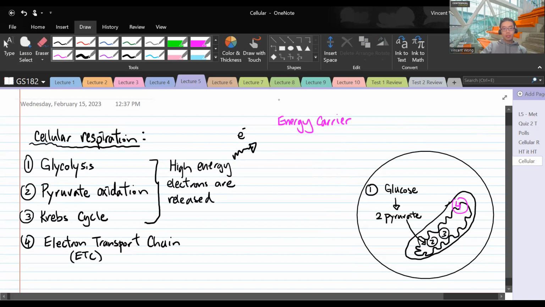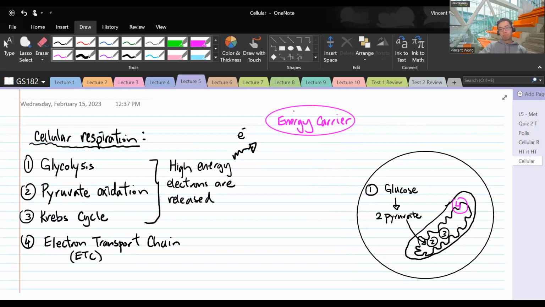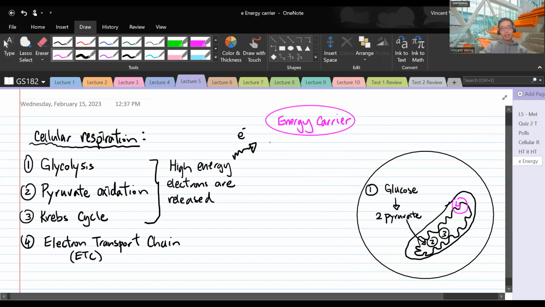Electron carriers. We talked about two of them. Anybody know what they are? No? Okay, well, one of them is called NAD+, and the other one is called FAD.